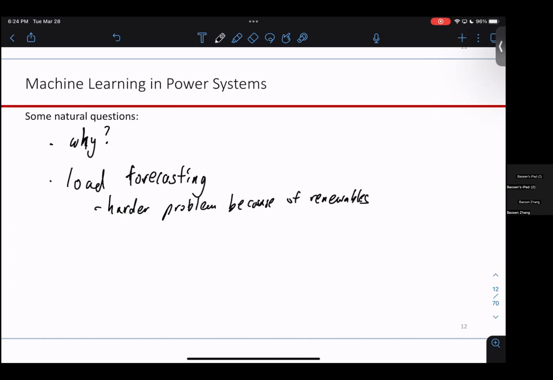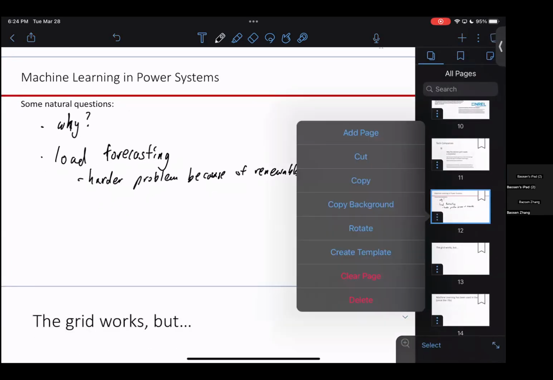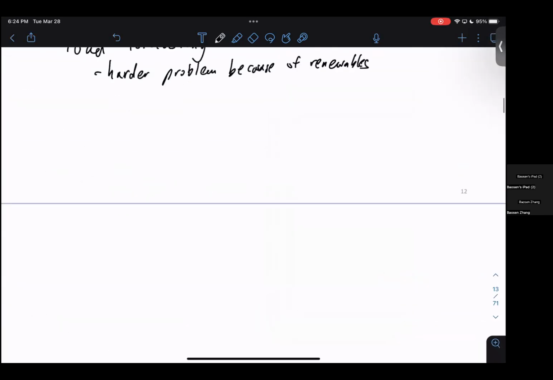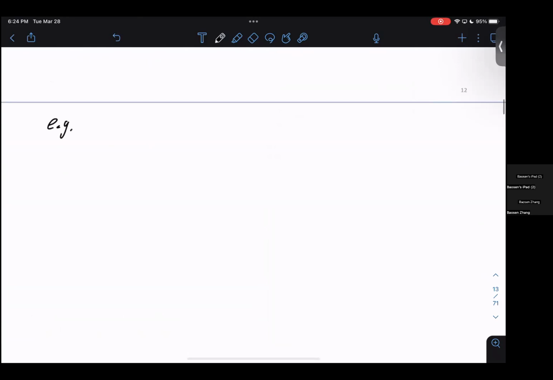Okay, so renewables, things like wind and solar, are much harder to forecast than load. It's an order of magnitude more difficult. To give you an idea, let's say you have load forecasting without renewables.